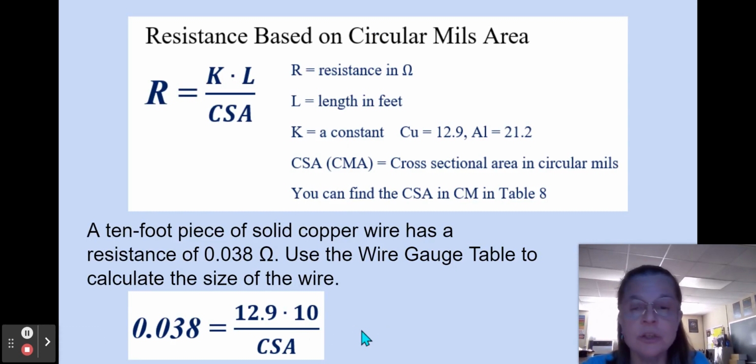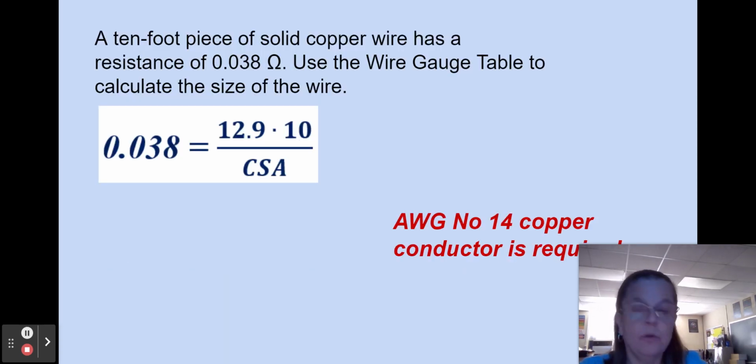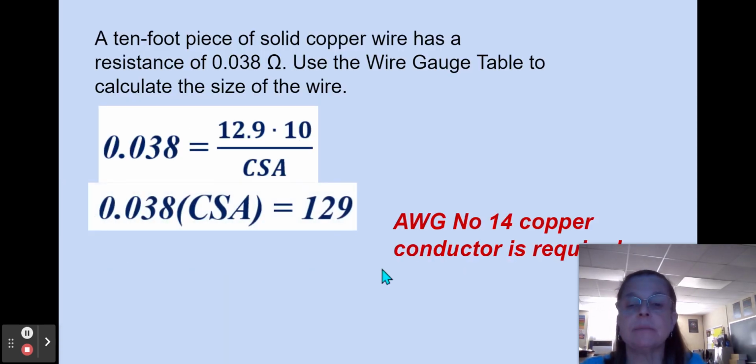So here are my substitutions. The next thing to do are the calculations. Well, this is easy. 12.9 times 10, I just move this over and I get 129. So I'll have 129 over the cross-sectional area. And then to get the cross-sectional area off, I multiply both sides by the CSA.